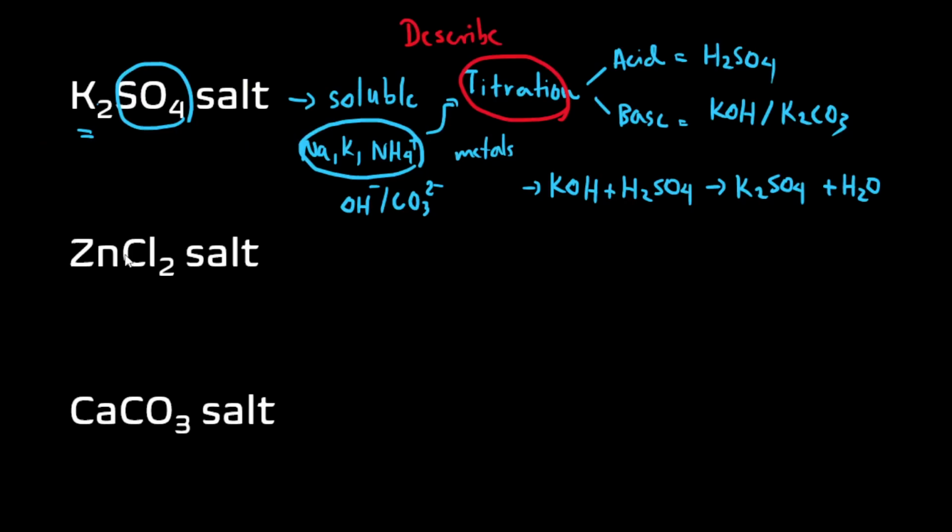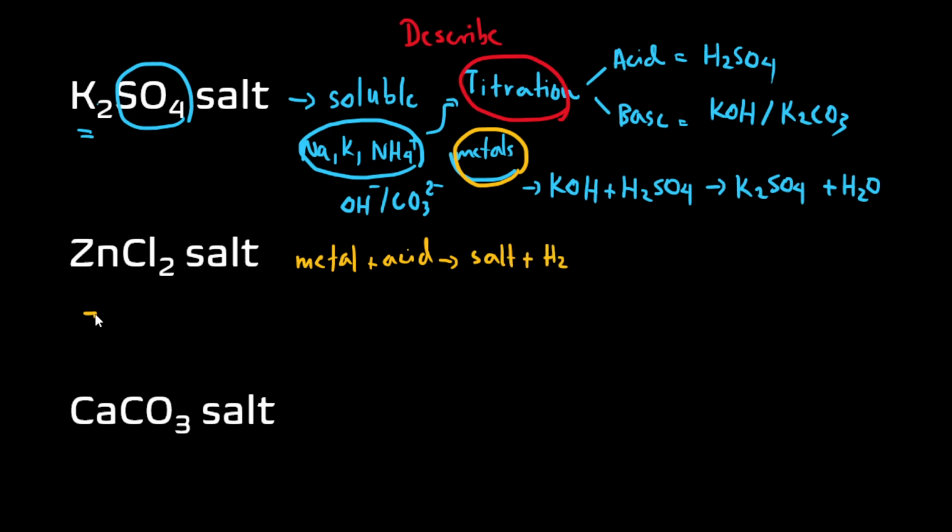Alright, and as for the zinc chloride salt, right now we know that it is a metal, zinc. It's medium reactivity, so it falls under this metal category. So we can simply prepare it by using the formula metal plus acid reacts to give salt plus hydrogen, as our previous video taught us.